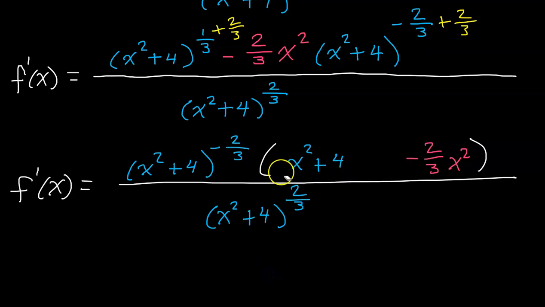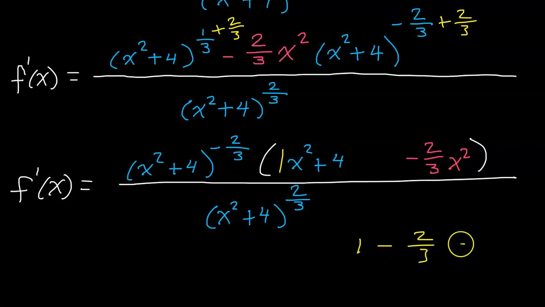So, focusing on these parentheses a little bit longer, the x squared and the negative 2/3 x squared are like terms. Essentially, we have a 1 x squared and then minus 2/3. So the question is, what is 1 minus 2/3?